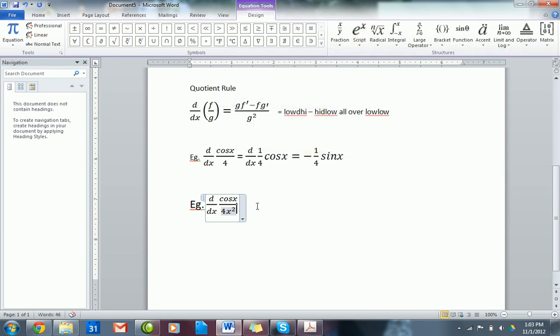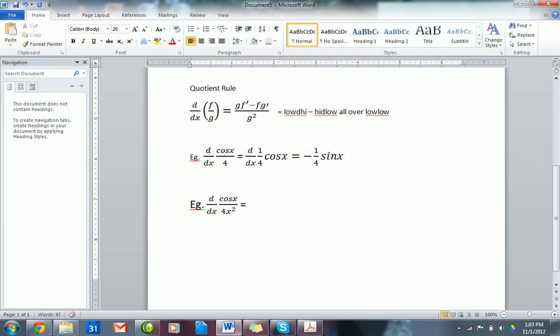Now we have to use the quotient rule, because unlike the previous case, where 1/4 is a coefficient that I can pull out times the derivative of the cosine, here I don't have a coefficient to pull out. I have a function of x up top and a function of x down low, so I have to use the quotient rule.